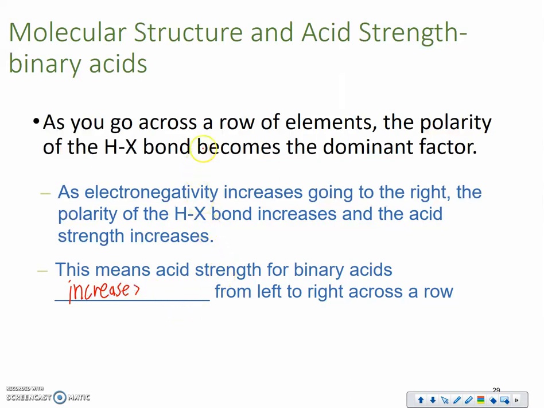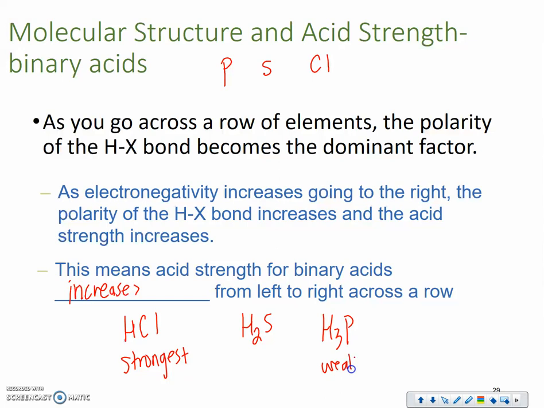So if we compare P, S, Cl, they're in a row. HCl is going to be the strongest acid. H2S is going to be your middle, and then H3P is going to be your weakest, since Cl is the most electronegative of those three elements.